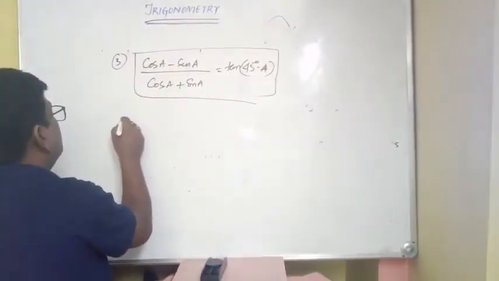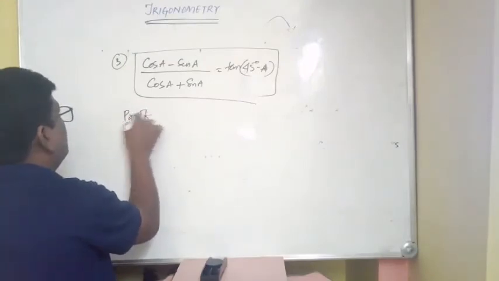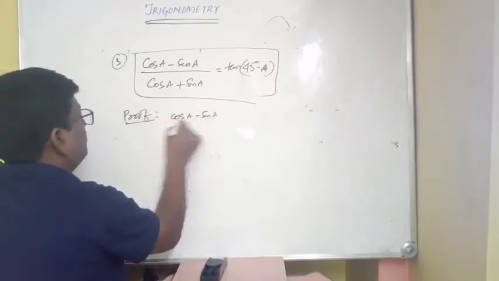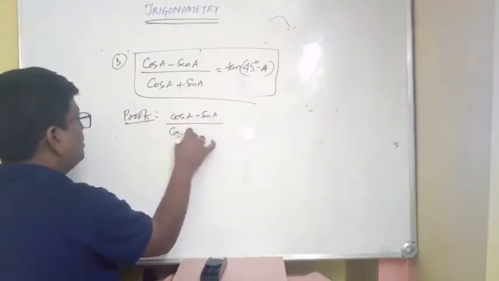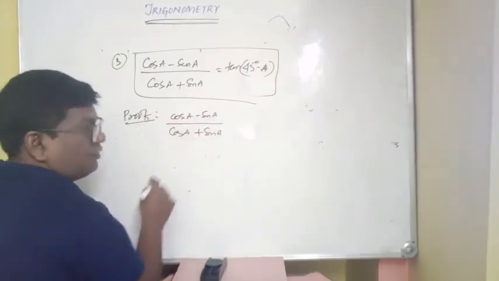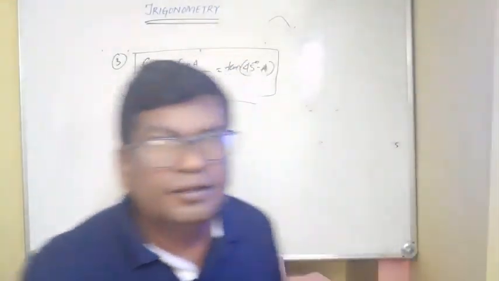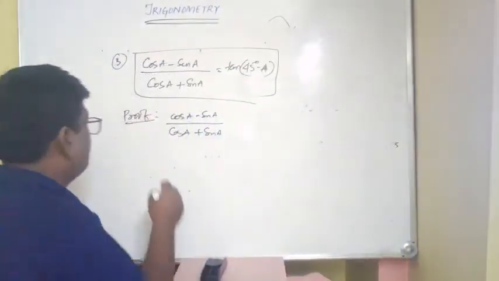So this is equal to what? Proof: this is (cos A minus sin A) by (cos A plus sin A).